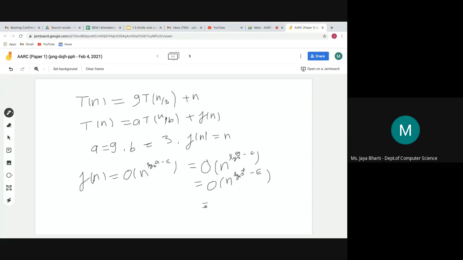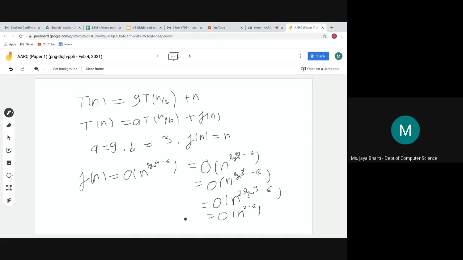Then you will get it as n to the power 2 log 3 base 3 minus epsilon. So this whole log will be 1. So it will be n squared minus epsilon.